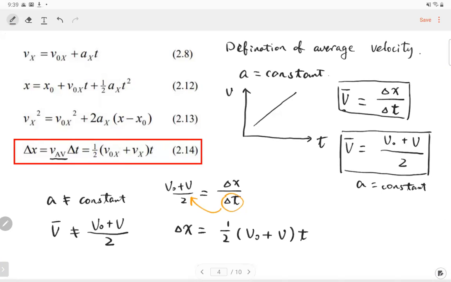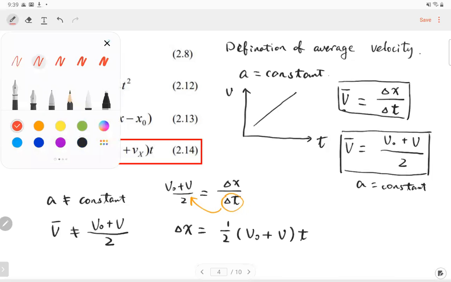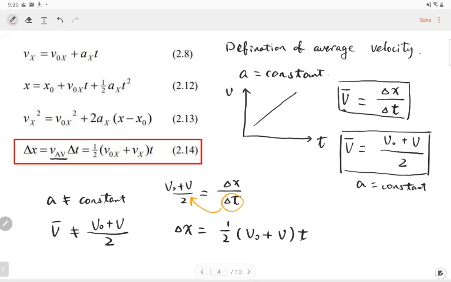This is just the definition of average velocity. And from the v-t diagram, we also know the displacement in this duration is equal to the area between the curve and the time axis. Right? The displacement is the area.